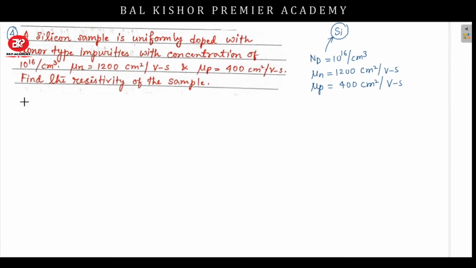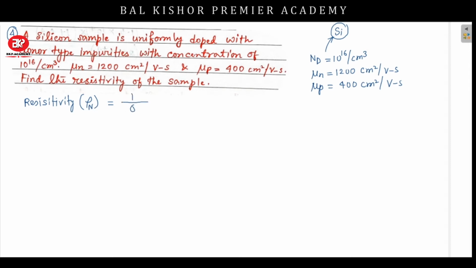Resistivity of the sample can be written as rho, and since donor impurity is doped, it is an n type material.